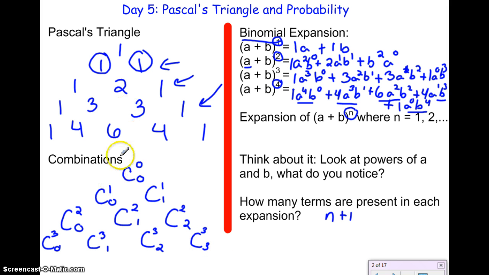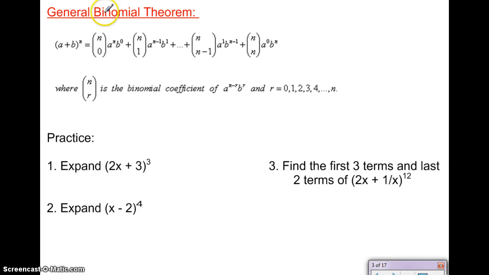So these characteristics and the way that these match up, that really is going to help us when we're starting to find different terms of the binomial expansion. So in layman's terms, in general terms, when you guys are looking at your packet, you are given the binomial theorem as this right here.